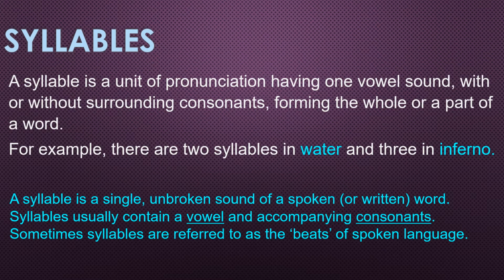So a unit of pronunciation with just a vowel sound, whether it has a consonant around it or not, which forms a whole or part of a word, is what? A syllable. For example, there are two syllables in water.